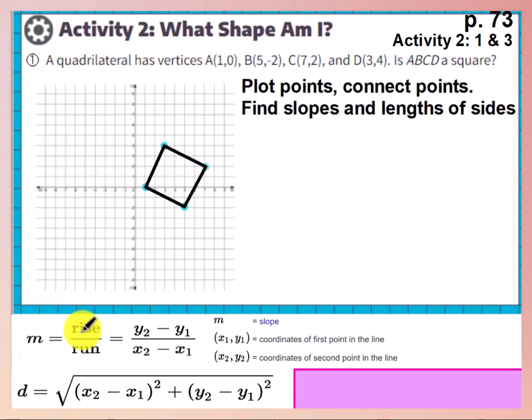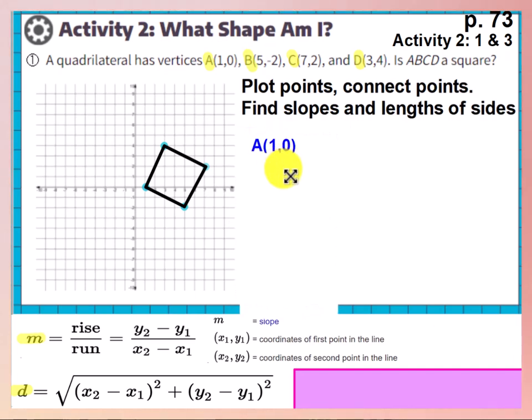All right, so I've got the slope formula and I have the distance formula. We have 4 points, A, B, C, D. That's given. So what I'm going to do is organize that information.